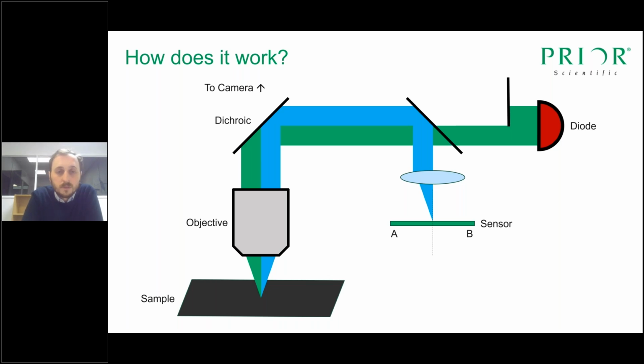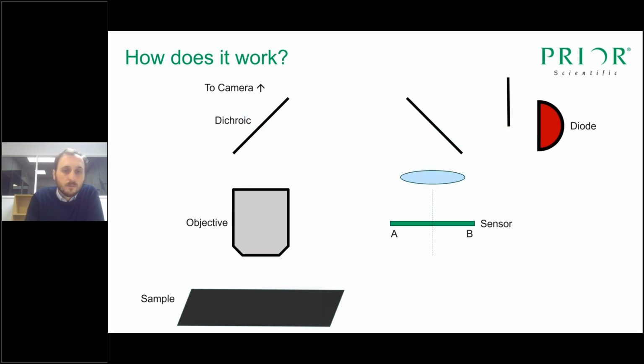The way that these devices do that is you simply fill half of the back aperture of the objective rather than the whole back aperture, and that allows you to collect the reflected light up through the other half of the back aperture. The net result of this is that the light is still focused on the sensor when the sample is in focus, but this, as you'll see in the next couple of slides, is what gives us directionality.